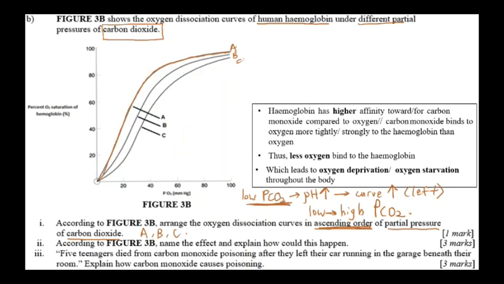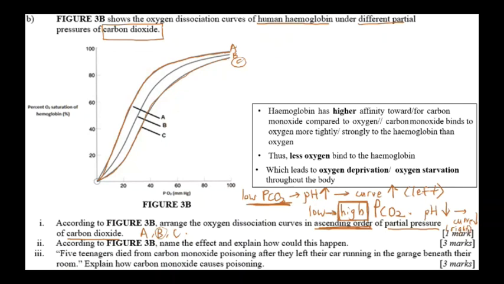B being in the middle, so it has average level of partial pressure of carbon dioxide, and then C being the lowest curve. That means it has the most partial pressure of carbon dioxide, the highest partial pressure of carbon dioxide. That's why it has lower pH. When it has lower pH, the curve will also be lower, which is on the right, as shown in the diagram.